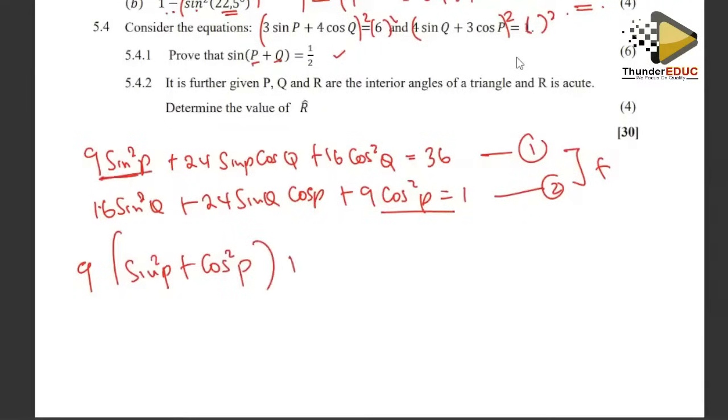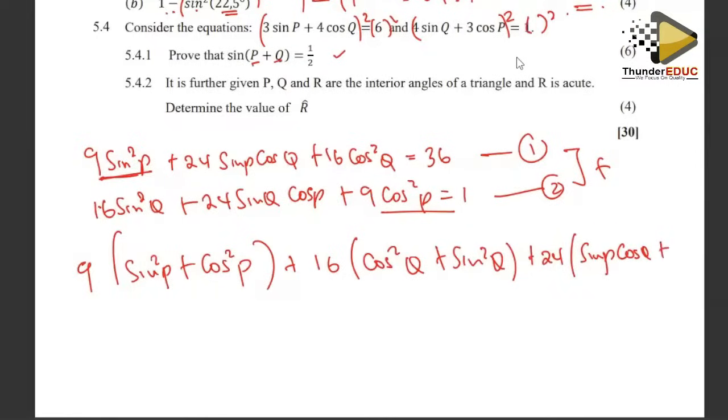Let's do the same with the 16: 16 cos squared q plus sine squared q. And then these ones, they have the same 24. And then we have sine p cos q plus sine q cos p.